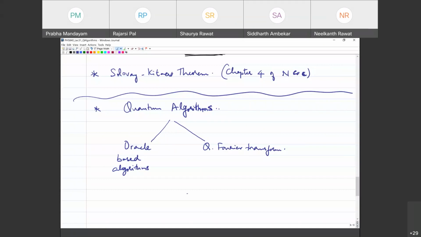One is this idea of designing a quantum oracle for a particular problem, and then using that to get a speed up. The other approach is to use a quantum Fourier transform. So one of our tasks in the rest of this course will be to show that the quantum Fourier transform is actually exponentially faster than, say, a discrete classical Fourier transform.